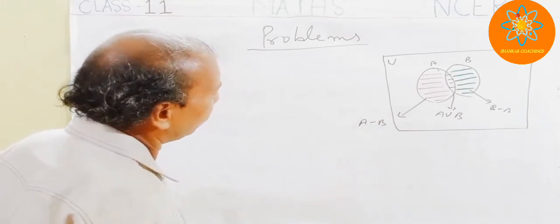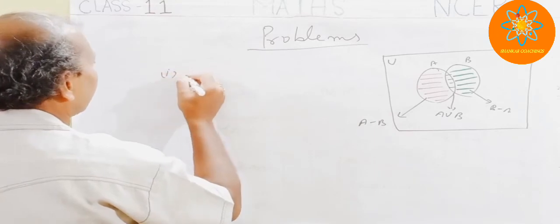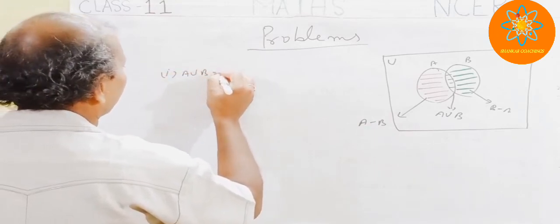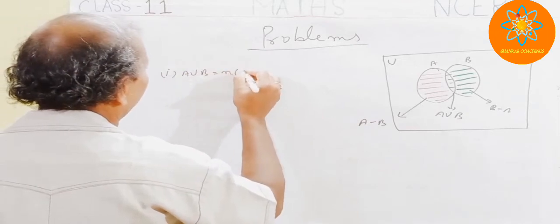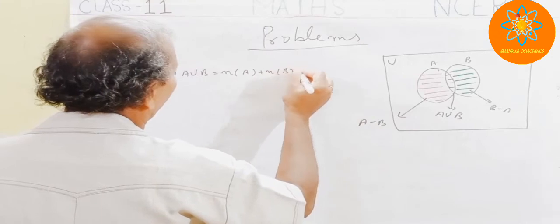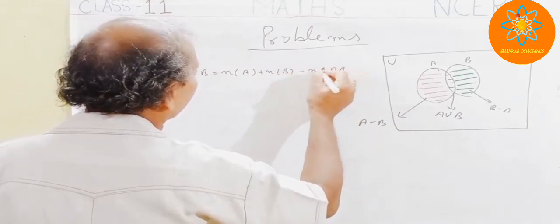There are a few formulas which are very important. Like, I want to find A union B. So this is equal to n(A) plus n(B) minus n(A intersection B).